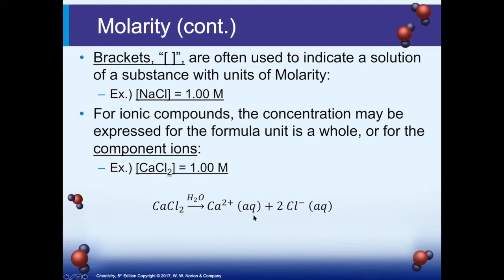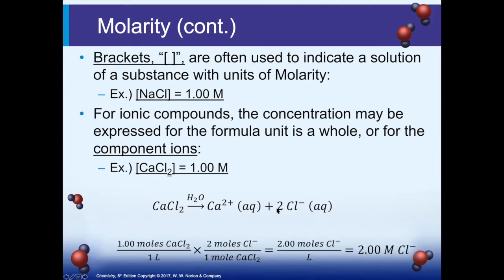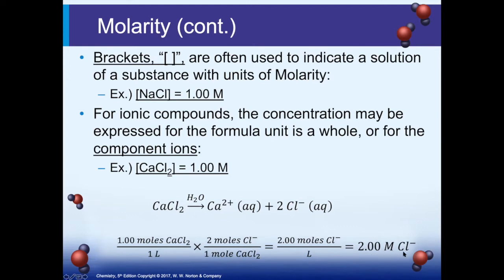So it is simultaneously a 1 molar solution of calcium chloride, but since there's twice as much chloride in the mix, you could also say that it's a 2 molar solution of chloride ions, right? Because 1 mole per liter of calcium chloride, according to this balanced chemical equation, gives 2 moles of chloride ion for every 1 mole of calcium chloride that I've dissolved. So that means that you have 2 moles of chloride ion per liter. So you have a 2 molar chloride ion solution.